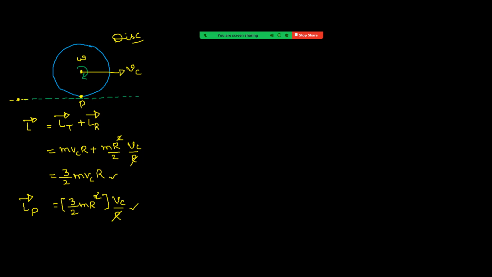So we got the same result. This translation plus rotation, meaning a rolling motion, can be taken as pure rotation about one axis. If you see, this is a point P which is in contact at this time. The very next moment, another point comes in contact with the ground, and the axis passing through that point is the axis of rotation.